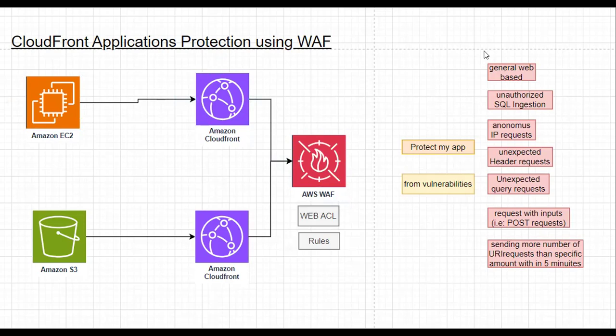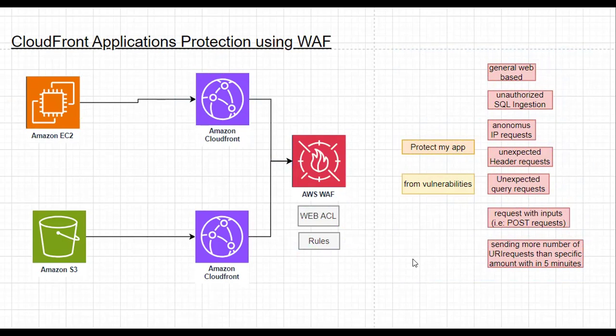If this web ACL detects, based on the rules that you provided, that the request sent by the user is not valid, that is, the request may belong to any one of these vulnerabilities, in that scenario you have mentioned in your rule to block that request.